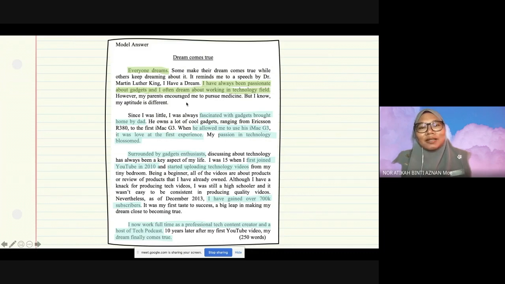However, my parents encouraged me to pursue medicine, but I know my aptitude is different. Since I was little, I was always fascinated with gadgets brought home by dad. He owns a lot of cool gadgets ranging from Ericsson R380 to the first iMac G3. When he allowed me to use his iMac G3, it was love at the first experience. My passion in technology blossomed.